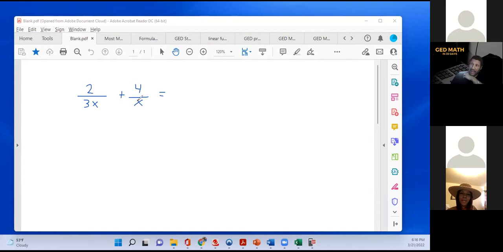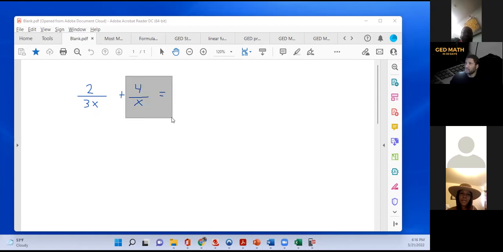How can I make this x look like 3x? What can I multiply x by to be equal to 3x? Times 3. So let me move this over first.